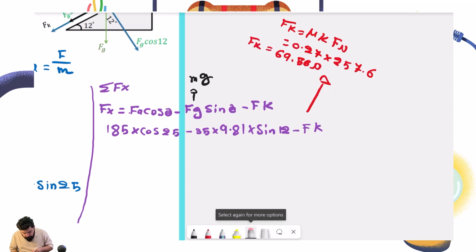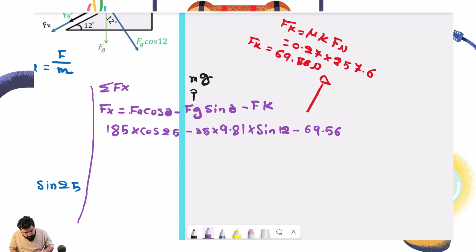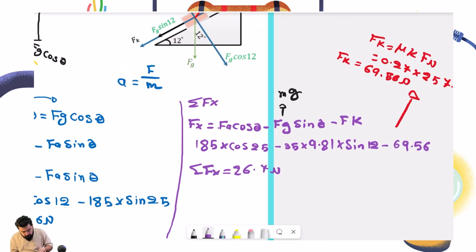Now, instead of writing Fk, I'm going to write 69.56. The sum of all the forces on Fx is equal to 26.7 Newton. Now let's use that in the equation. Why do we use Fx instead of F?